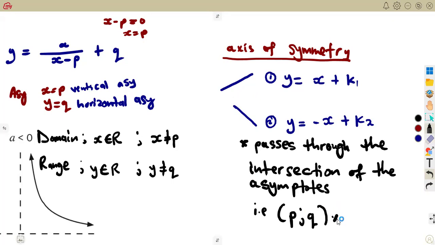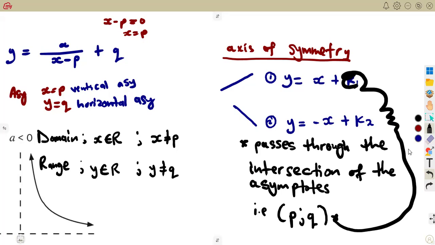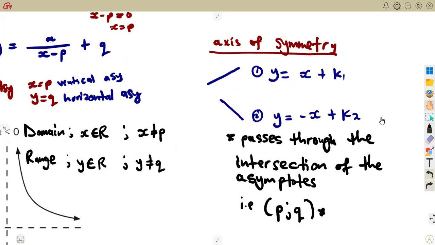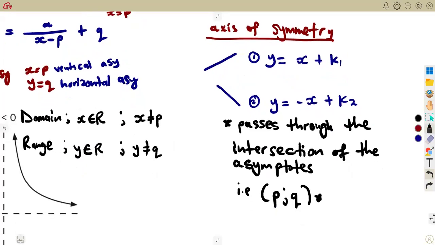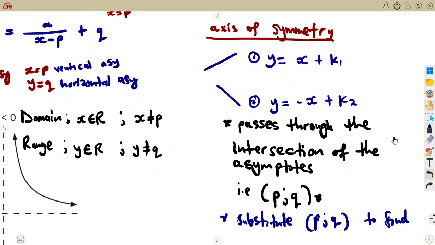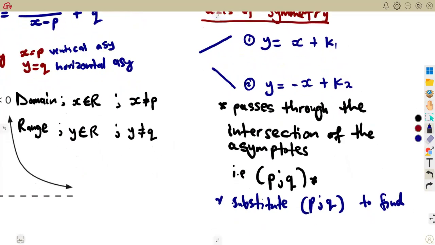So if the axis of symmetry passes through this point, it means we can substitute it to find K1 and K2. So you substitute the point P, Q to find the values of K1 and K2.